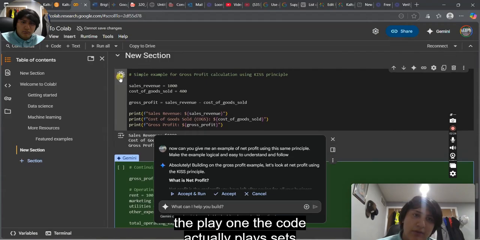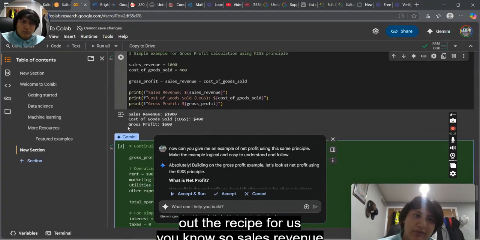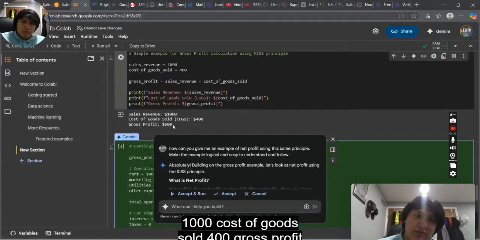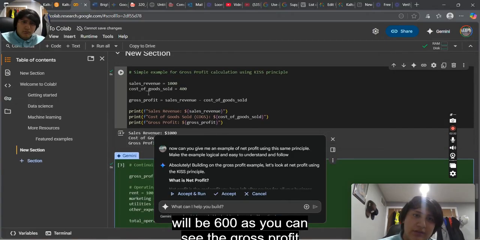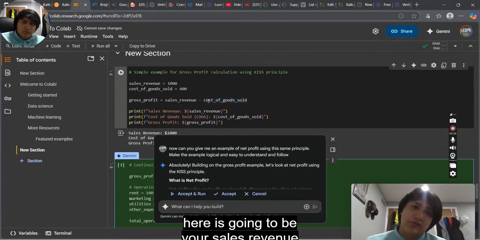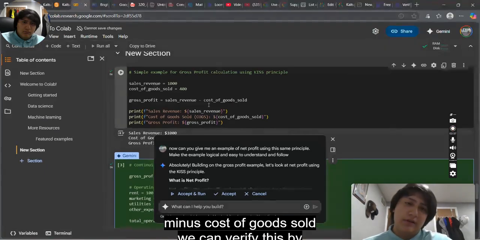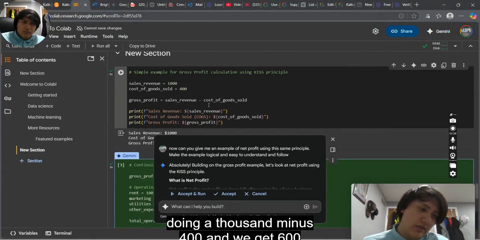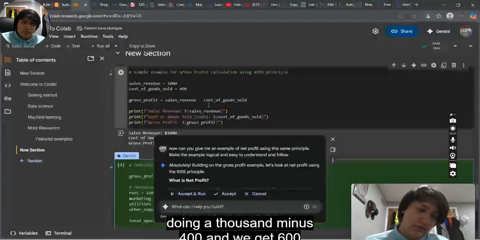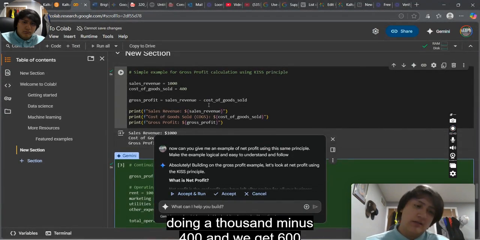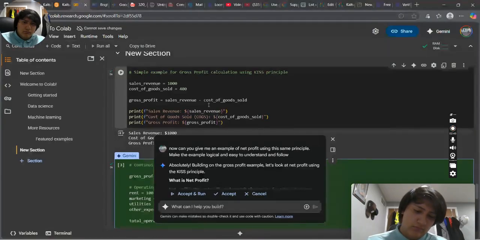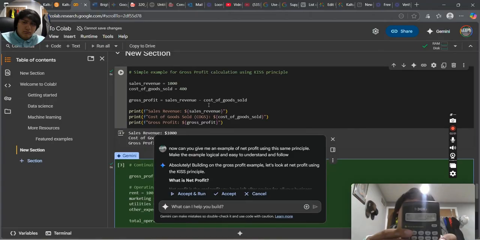And if we click the play button, the code actually runs and sorts out the recipe for us. So sales revenue 1,000, cost of goods sold 400, gross profit will be 600. As you can see, gross profit here is going to be sales revenue minus cost of goods sold. We can verify this by doing 1,000 minus 400, and we get 600, as you can see.